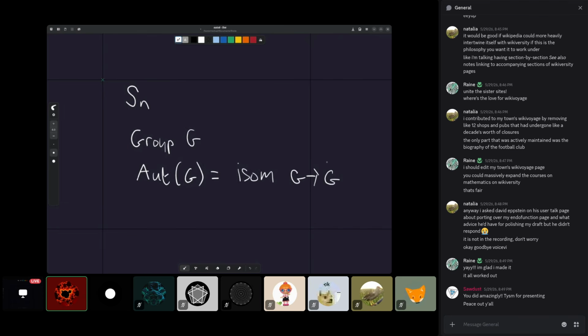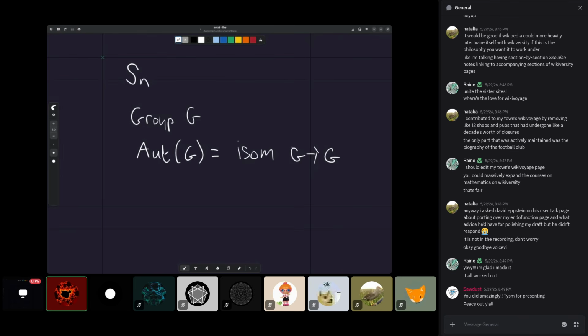And that's obviously a group because isomorphisms are invertible. So you've got inverses, you can compose isomorphisms. So this is defined for any group. For a finite group, the automorphism group is again finite. The way to see that is it's going to be a subgroup of the permutations of the elements of the finite group, and that's again a finite group.